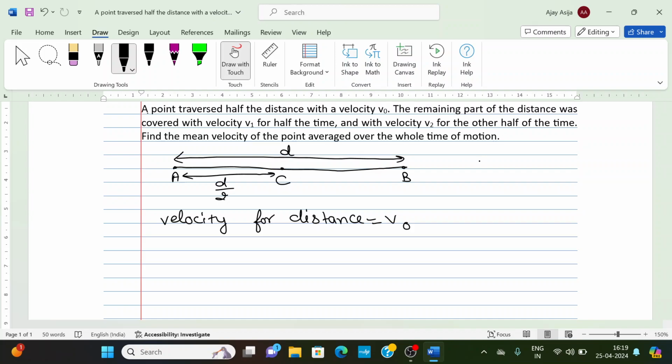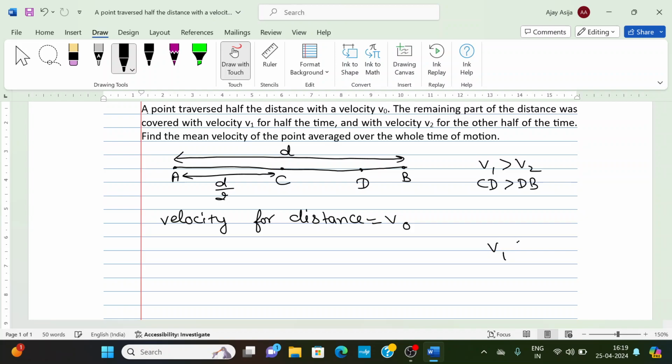It will depend on the magnitudes of v1 and v2. If v1 is greater than v2, then the distance traveled with velocity v1 is greater than the distance traveled with velocity v2. So we should put the point such that CD is greater than DB, where CD is the distance traveled with velocity v1 and DB is the distance traveled with velocity v2.